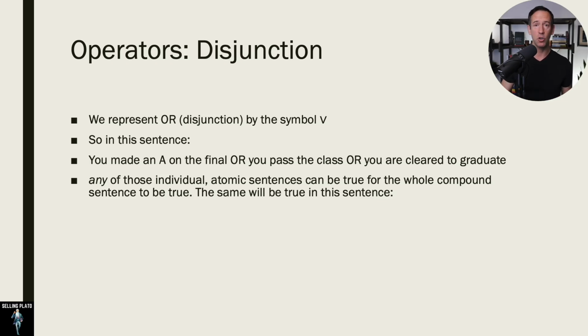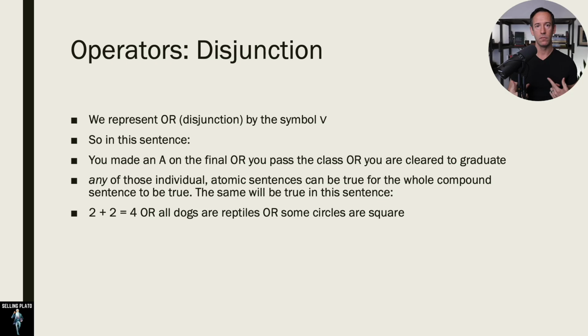So the same will be true in this sentence. This is a weird sentence. First atomic statement, 2 plus 2 equals 4. And then operator, or. Second atomic sentence, or disjunct, all dogs are reptiles. And then we have another operator, or. Some circles are square. All right, that's a weird sentence, but our logical language allows us to do that.